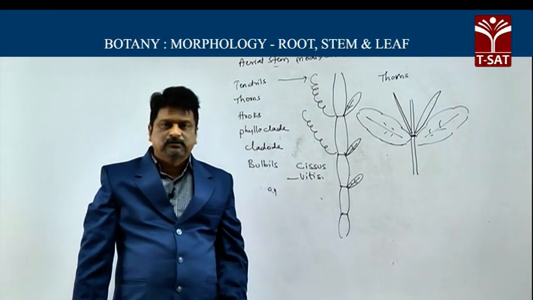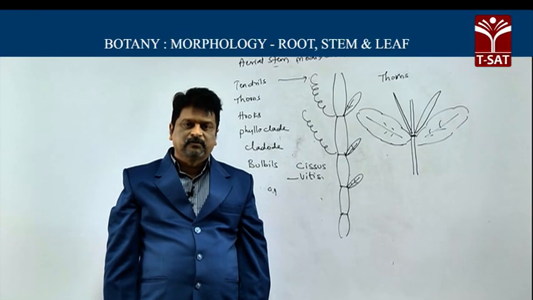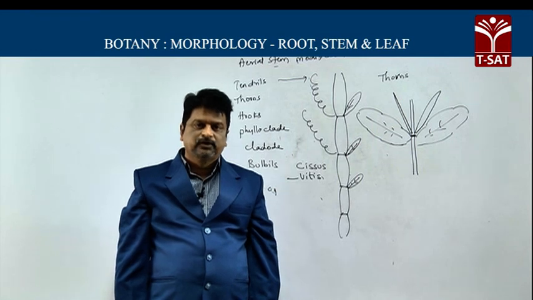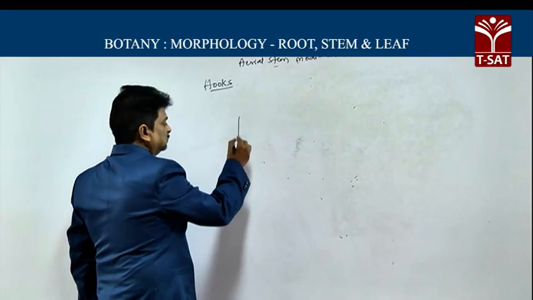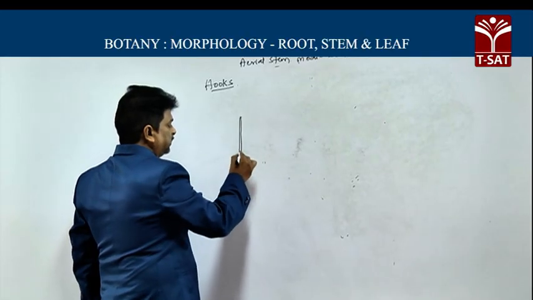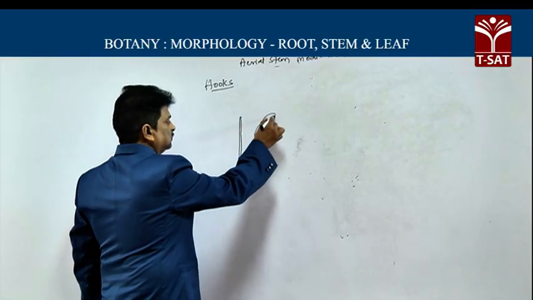Example for thorns, one is bougainvillea and the second one is citrus. In both bougainvillea and citrus, the axillary bud is modified into thorns. Hooks are another type of aerial stem modification.